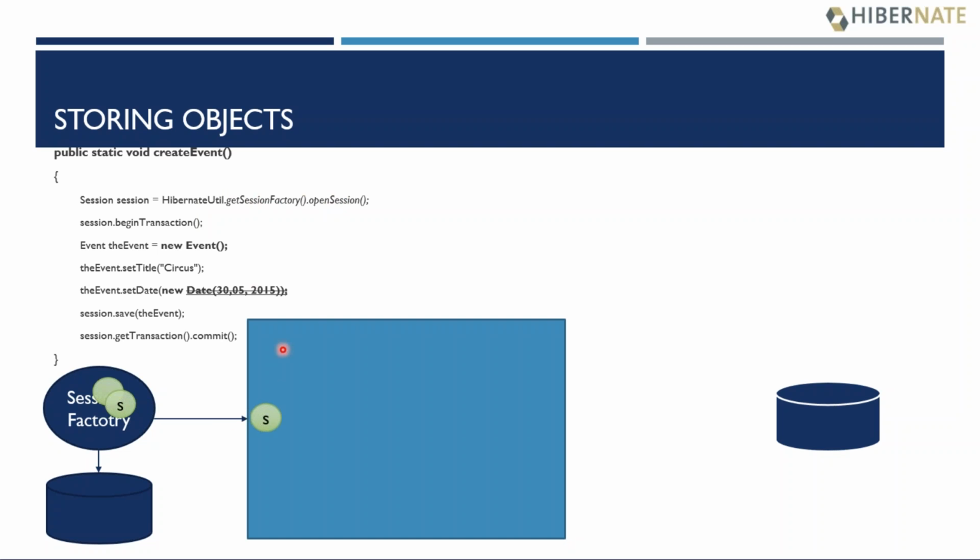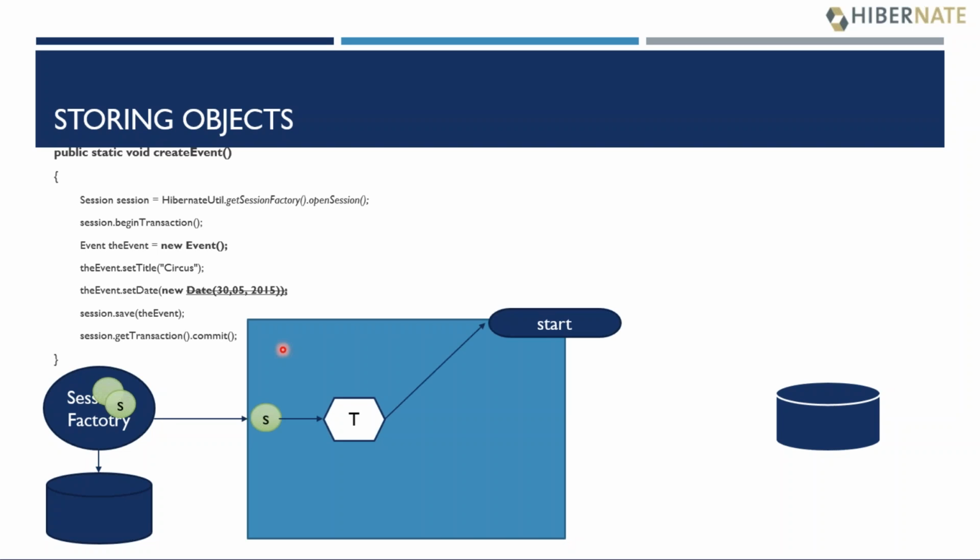So you get one session object from the session factory, and when you want to start, you request the session object to provide you with a transaction. That will let you start your unit of work, that is insert, update, delete, whatever you want to do.